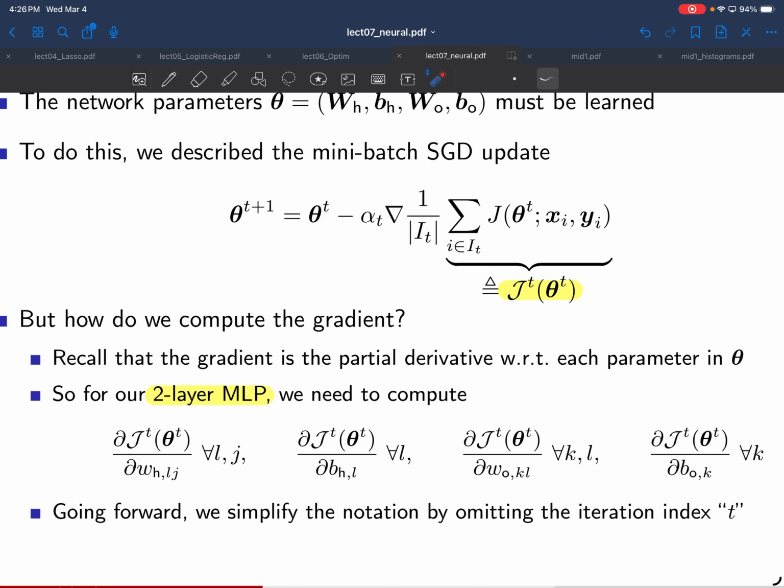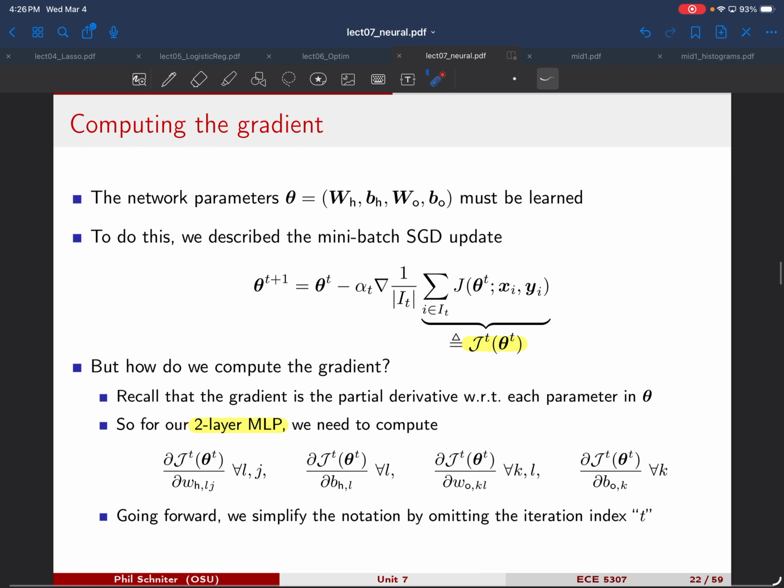We're going to spend a few slides going through and slowly learning exactly how to do that. And just to make the notation cleaner, we are going to omit all the t variables because essentially we're just going to focus on one particular iteration t, so there's no point in showing t on all the slides, and that will clean things up a bunch. All right, so that's what we're doing next.